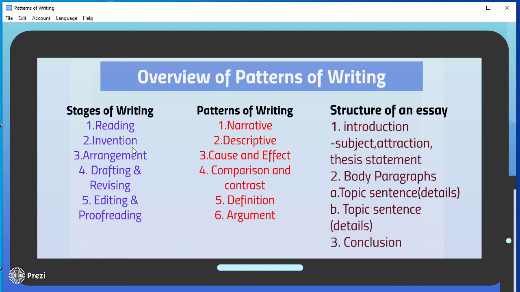The thesis statement is the main statement, main structure, main sentence. On the basis of the thesis statement, you will write the topic sentence in the body paragraph, and then you have to prove the topic sentence. You have to support it with other sentences. You need to write in detail.